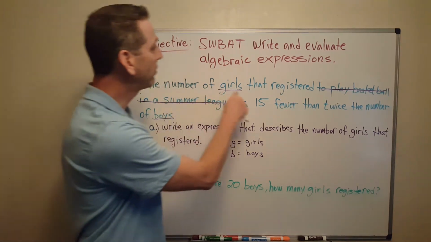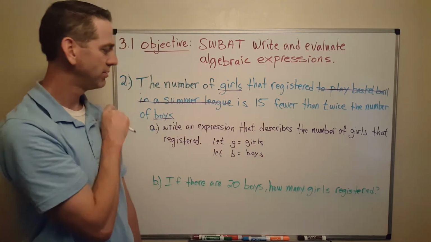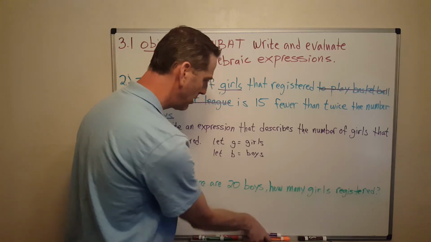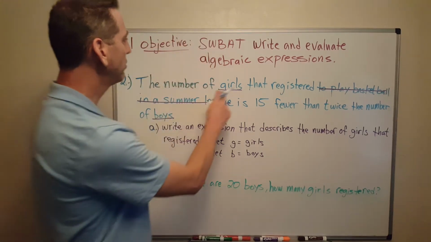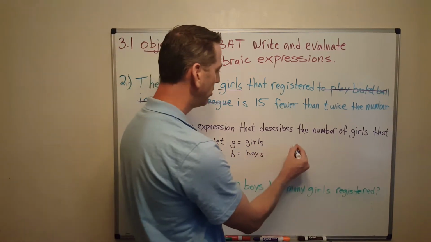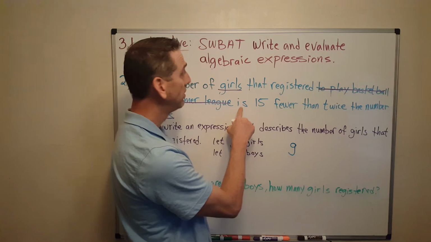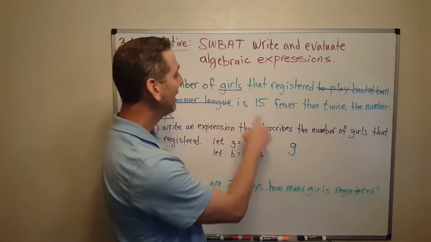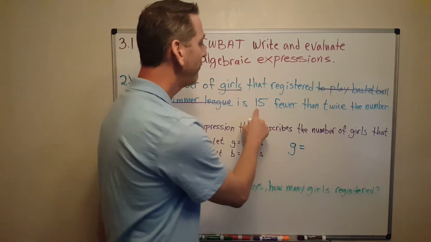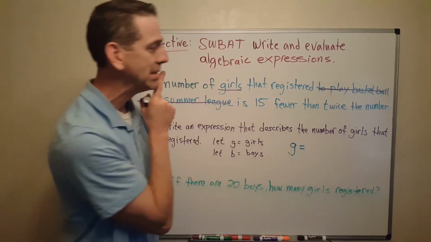Okay, the number of girls that registered is... So the number of girls registered. What stands for girls? G. So G, the number of girls, equals 15. 15 fewer.